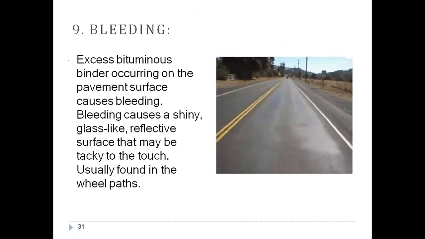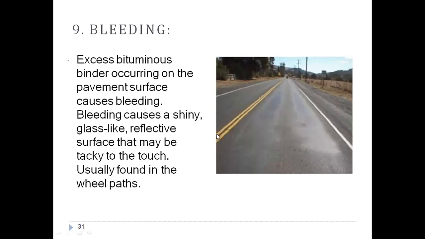Bleeding. Here you can see excess bituminous binder on the pavement surface. This is excess bitumen, nothing but the tar they provided on the road, so this excess binder produces a shine in the hot summer under the UV radiation.